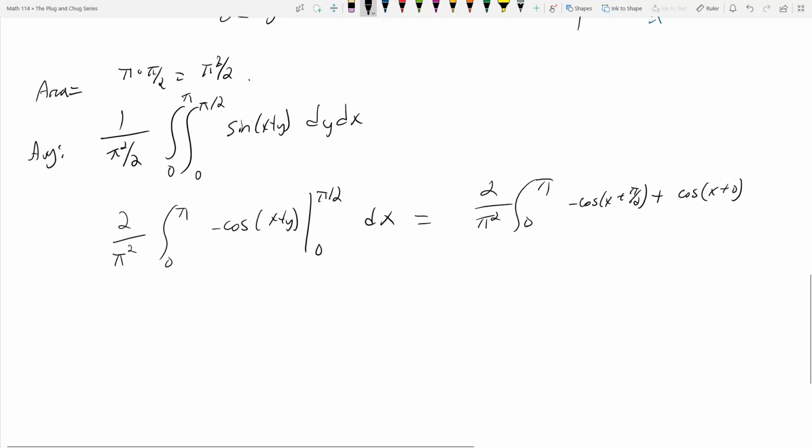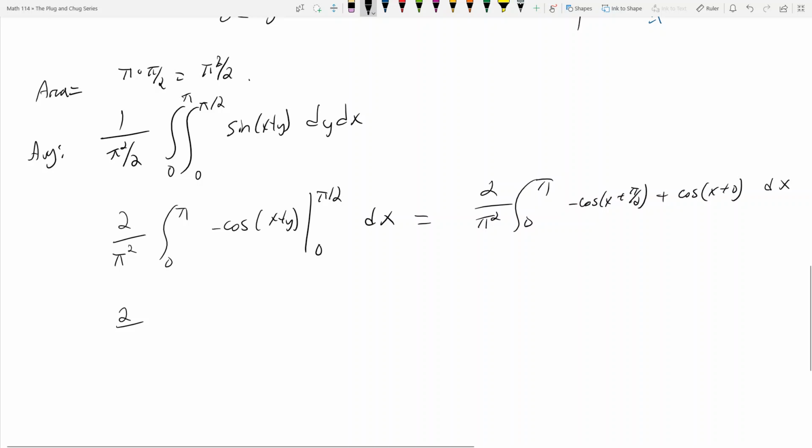Because it's minus a negative. Okay, because that's how we evaluate the integral, right? And then it becomes a plus sign. So let's just write this as plus. Saves us some parentheses as well.